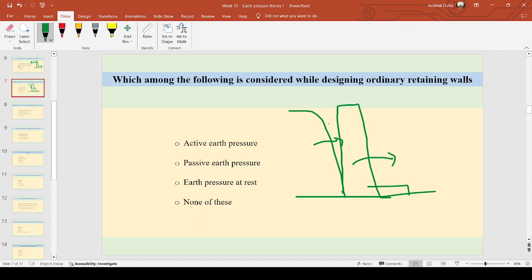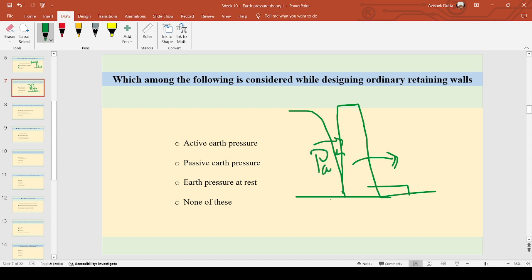Please mute yourself. We are designing the retaining wall to withstand the pressure exerted on the wall by the backfill. Due to that kind of pressure, the wall will move away from the backfill, and at that time the pressure experienced will be active earth pressure.